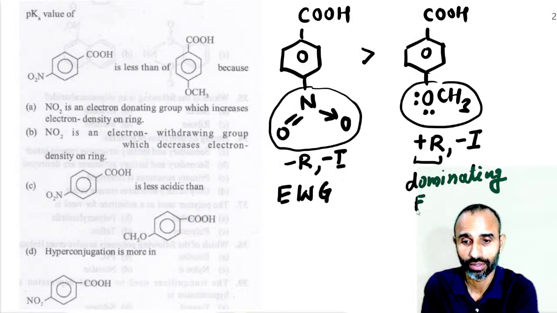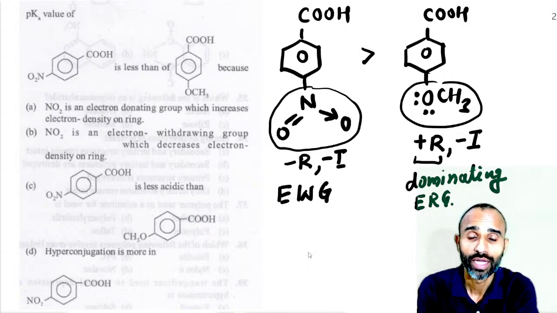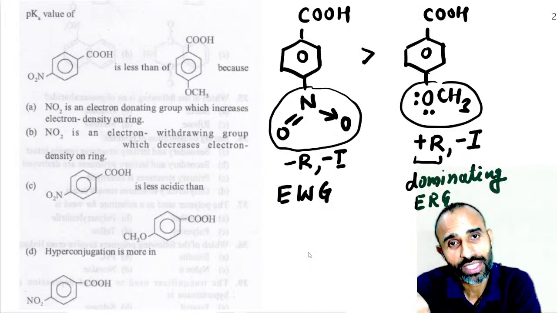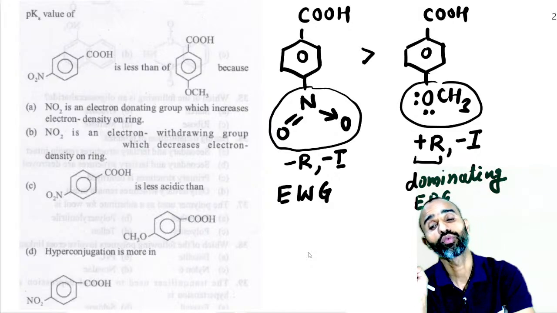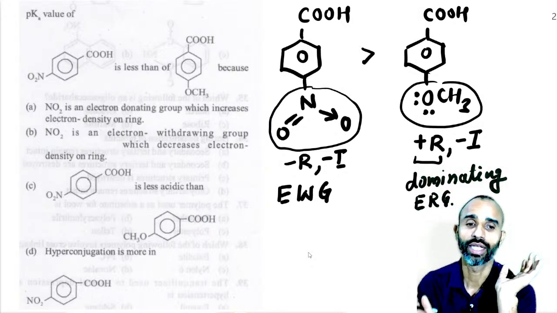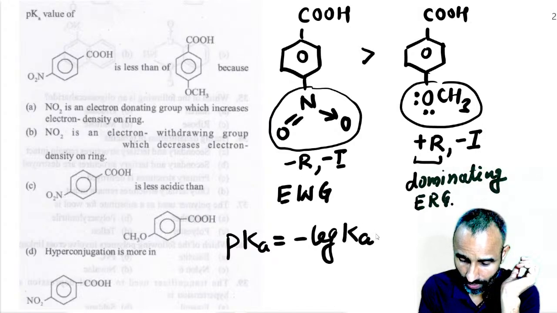Option B, sir. Electron releasing group. Methoxy is electron releasing, so it decreases the acidic strength. Electron withdrawing groups increase the acidic strength; electron releasing groups decrease the acidic strength. And you know what is pKa? It is minus log of Ka.